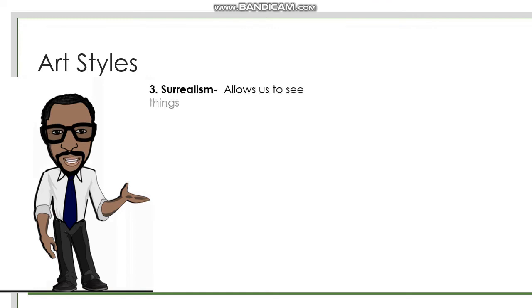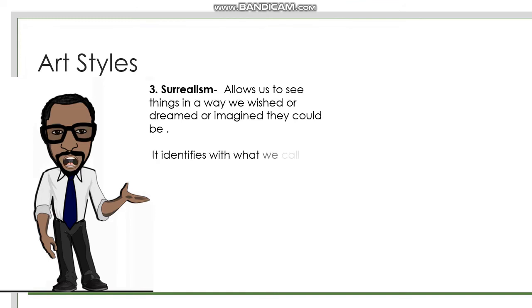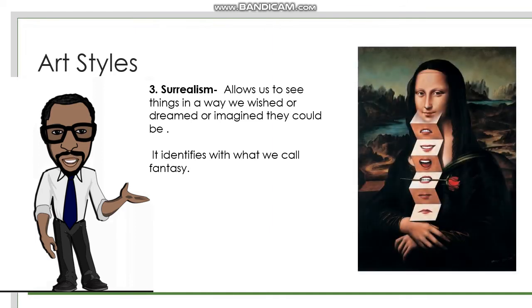Surrealism allows us to see things in a way we wished or dreamed or imagined they could be. It identifies with what we call fantasy.